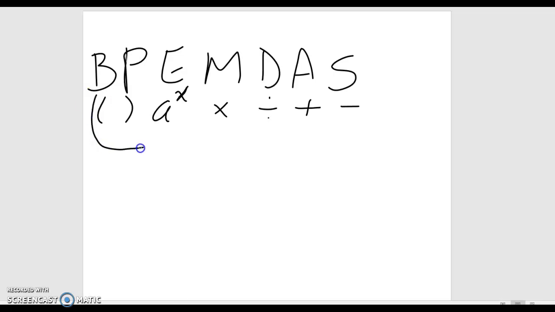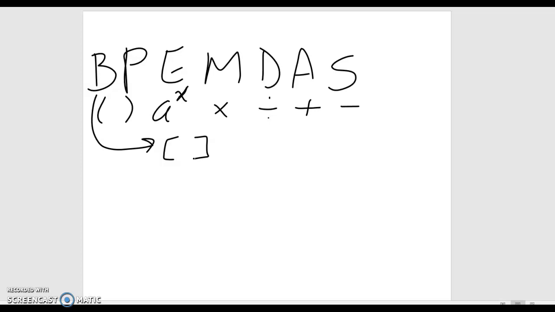Whenever we see brackets in a problem, we want to tackle what's inside of the brackets first, and then work from there to deal with parentheses second. So that is a refresher in terms of what the letters and the operations stand for. Let's go ahead and get started on our problem.